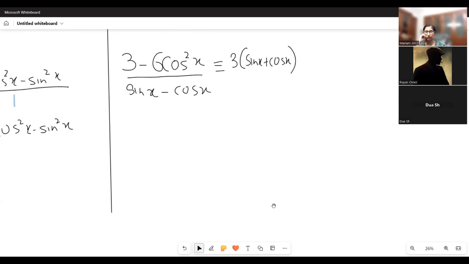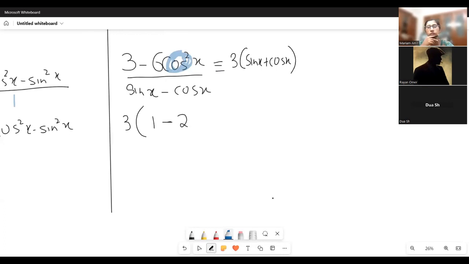Let's start from the left hand side. Take 3 common. So 3 common in the numerator, and we get 1 minus 2. And simultaneously, let me just change this.